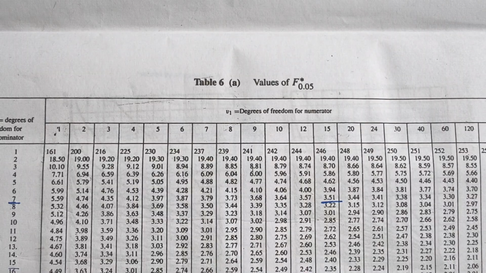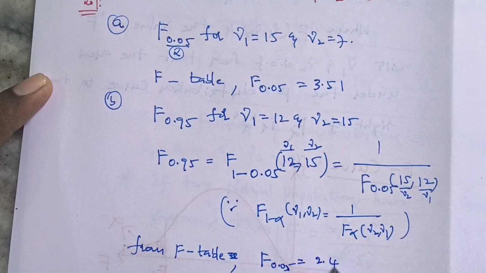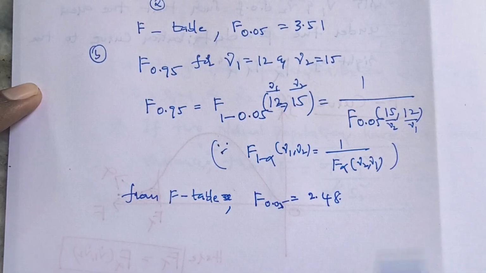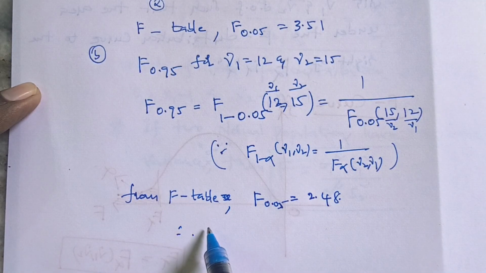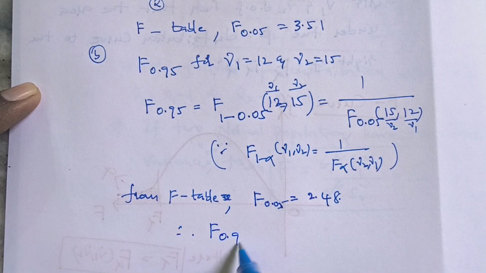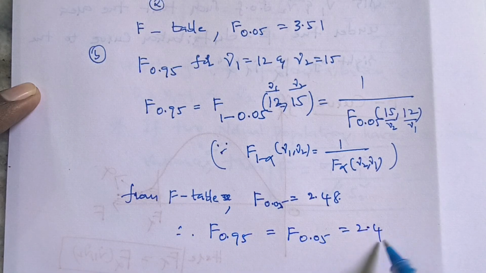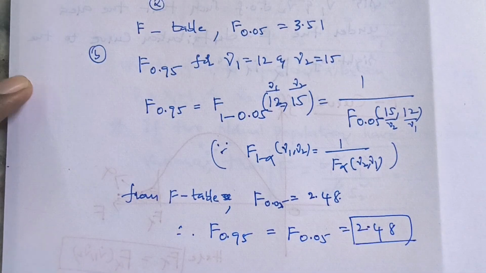The intersection value in the body part of this table is 2.48. This is the value of F 0.05. So our problem F 0.95 is also equal to F 0.05, which is 2.48.